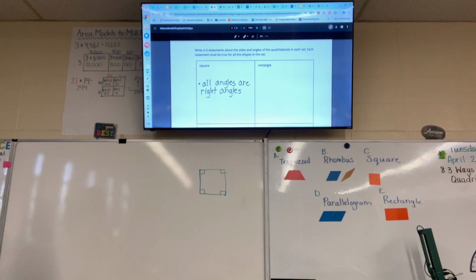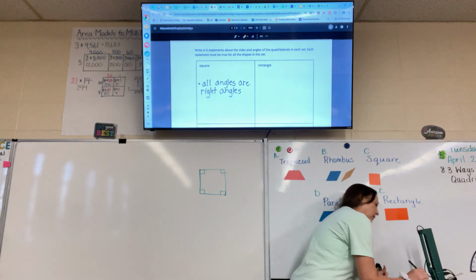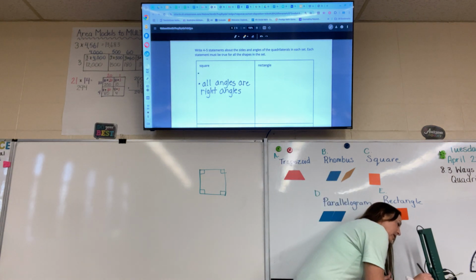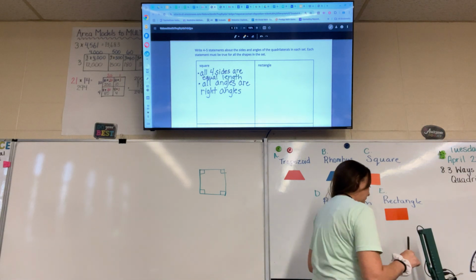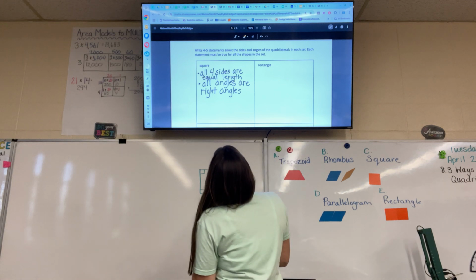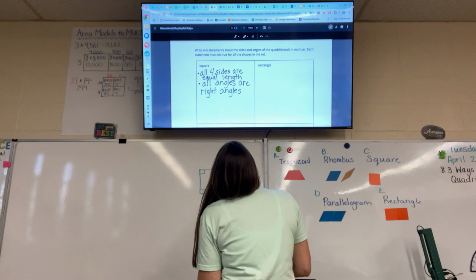Remington. All the sides have to be equal. Yes, the side lengths have to be equal. So all 4 sides are equal length. I didn't really give myself enough room, but all 4 sides have to be the same length. All angles are right angles.